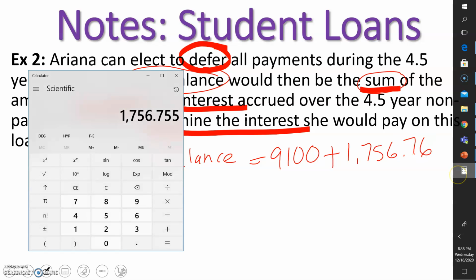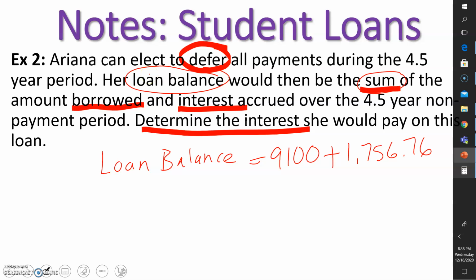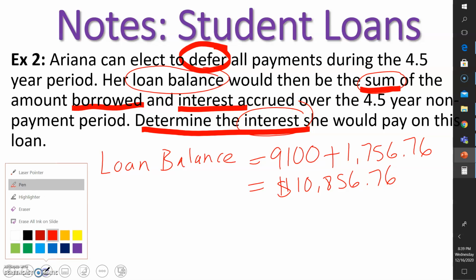So let's go ahead and add those. 9,100 plus 1,756.76 gives us our new balance. So upon finishing college, she will have a new balance of $10,856.76. Now the question is, how much interest will she earn on that?